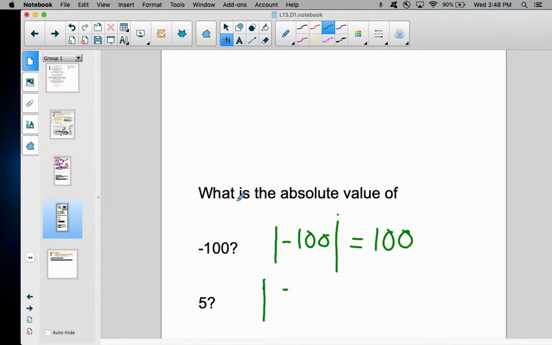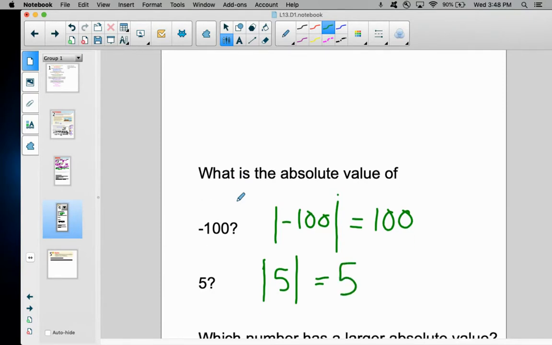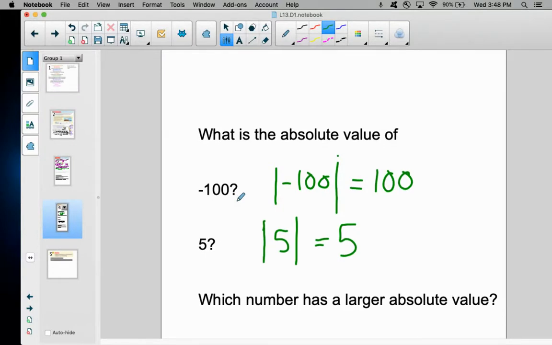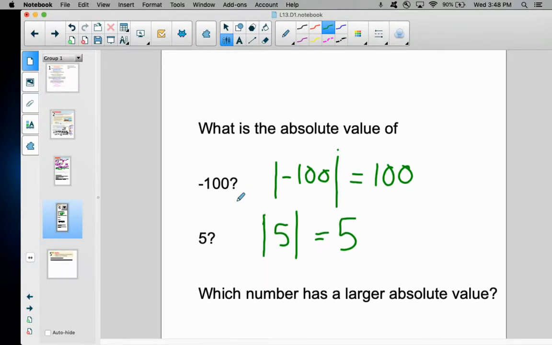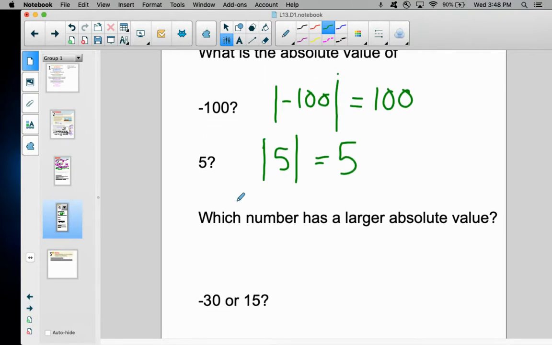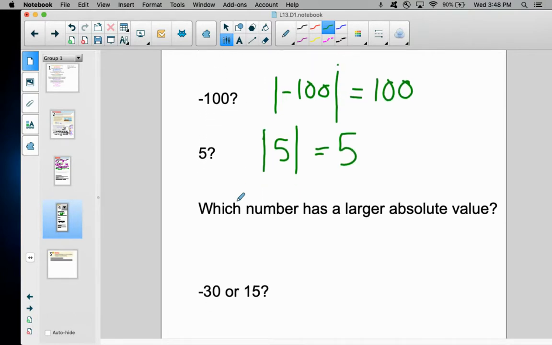Again, the notation has that 5 kind of fenced in with those two vertical lines, and it is the positive form of the number. So now we're going to start to compare absolute values like we were doing with negative 4 and positive 1. So these two numbers are being compared with their absolute value.